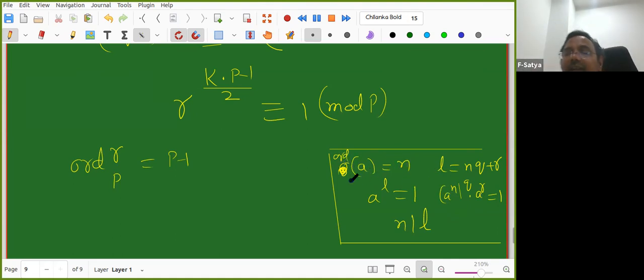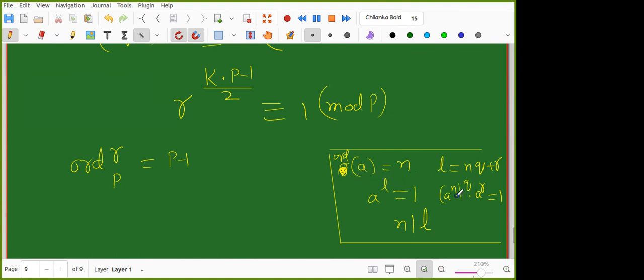Then we get a power nq into a power r, that is a power n whole power q into a power r, equal to 1. But a power n is 1, because n is the smallest such that a power n equal to 1.